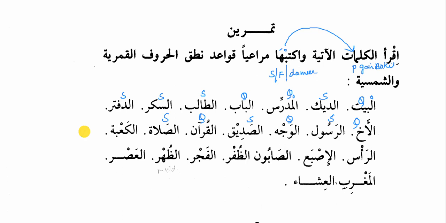Al-Kaaba, the Kaaba, is Qamariyah. Ar-ras, shamsiya. Al-isba' is Qamariyah. And as-sabun, soap. Isba' is the fingers, your pointer finger. Sabun is soap, and this is shamsiya.